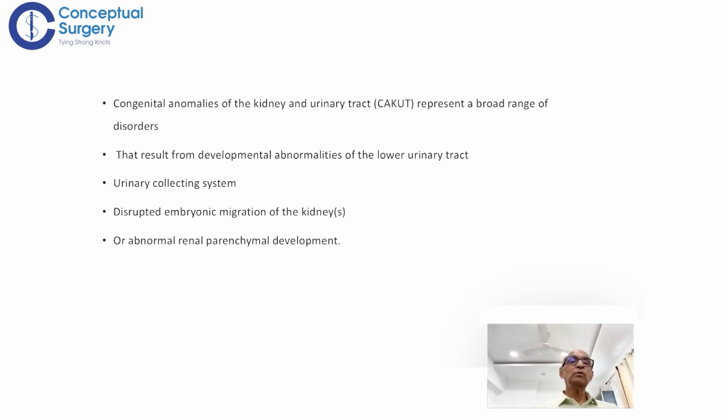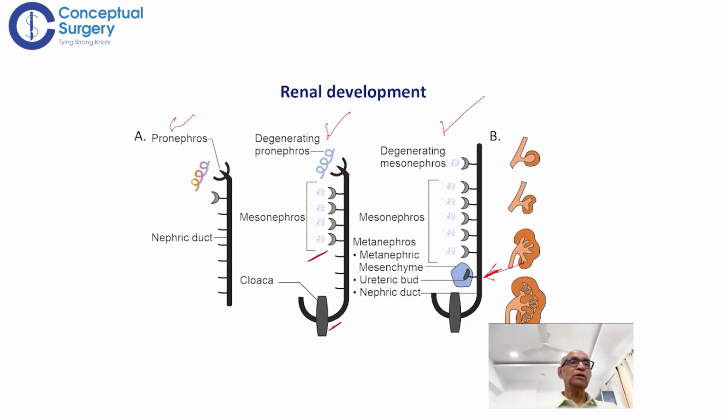We also talk about those deformities which arise out of the embryonic migration of kidneys, and also about renal parenchymal development. If you want to understand the congenital anomalies with some degree of significance, then I think we should also be reasonably good at the developmental aspects of the kidney.